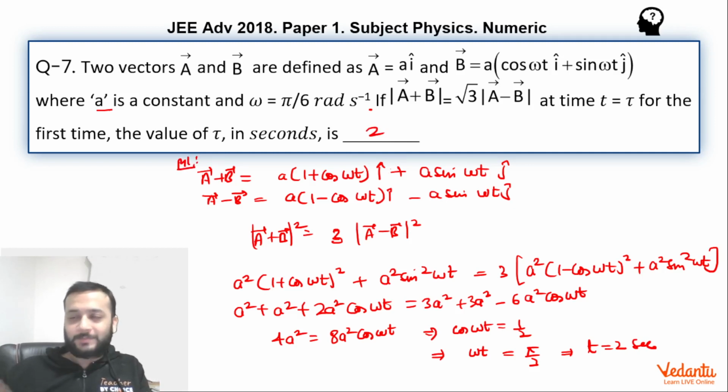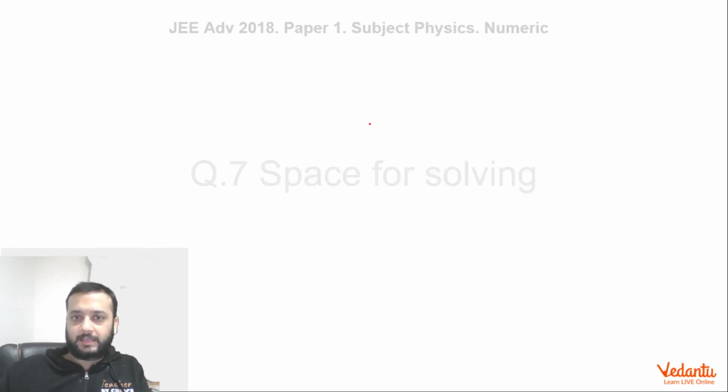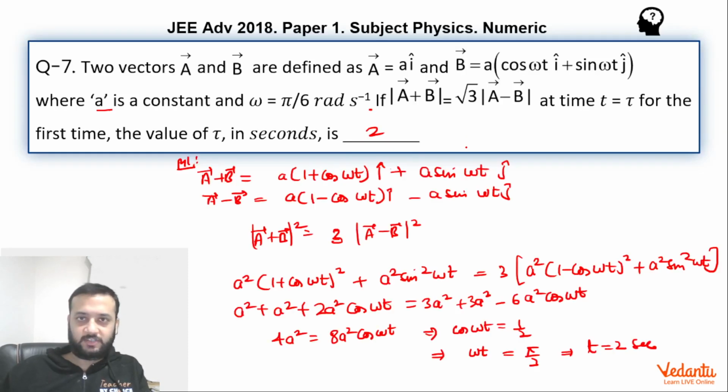Now let's see the topper's method, or an amazing method, of how we could have approached this question. Okay, if you see, this is written A plus B and this is A minus B, where A is a vector of constant magnitude. In fact, this is a constant vector, it's always pointing in this direction, a i cap. So let me draw this vector. It is not rotating, it's a fixed vector pointing in the positive x direction.